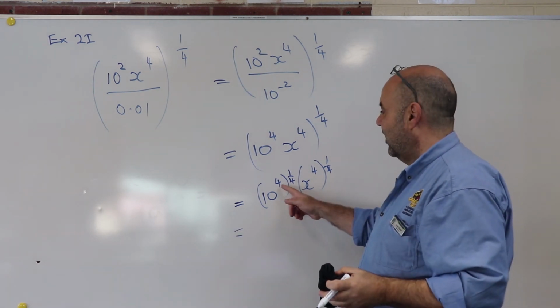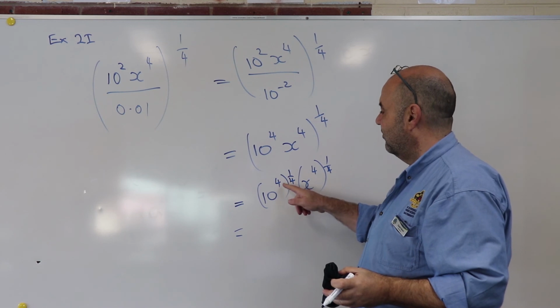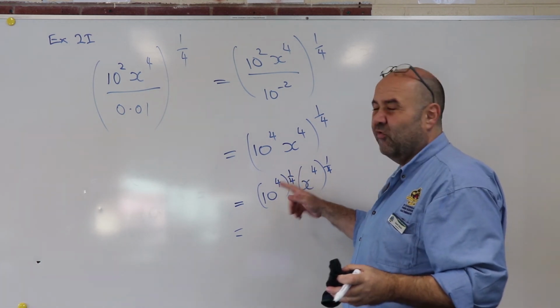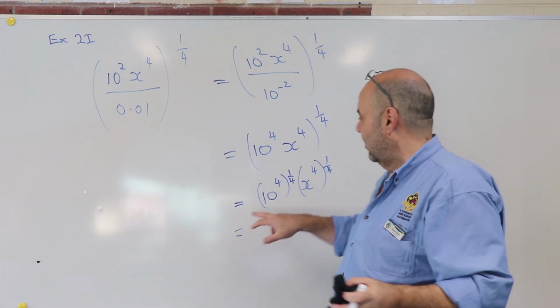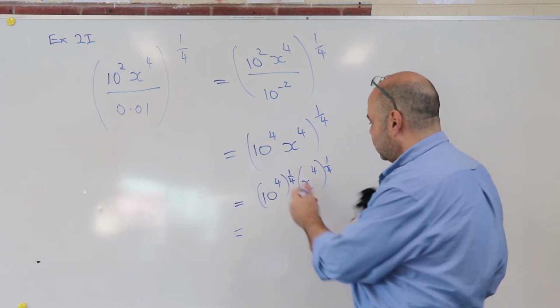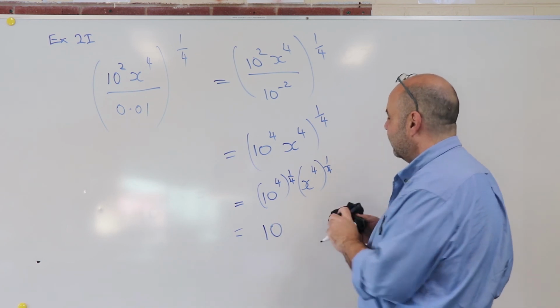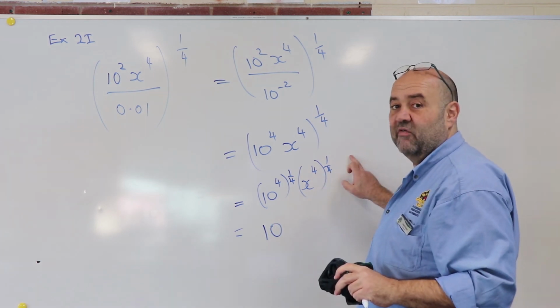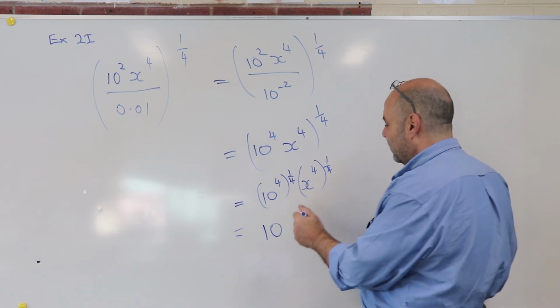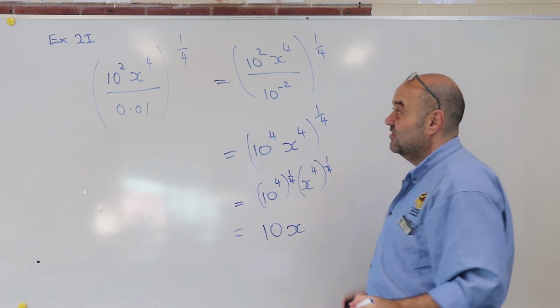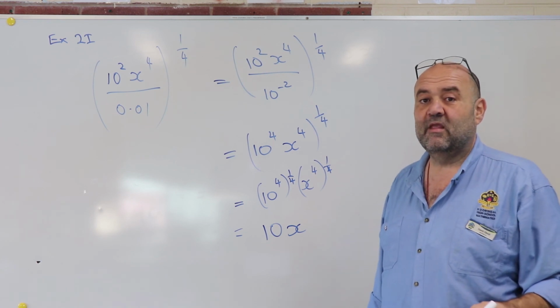Well, I just multiply the powers. So 10 to the power of 4 to the power of a quarter. Well, 4 times a quarter is 1, just like we saw in the last example, the one I rubbed off. So that's just 10 to the power of 1. X to the power of 4 to the power of a quarter, well, 4 times a quarter is just 1 again, so it's just x to the power of 1. So it's just 10x.